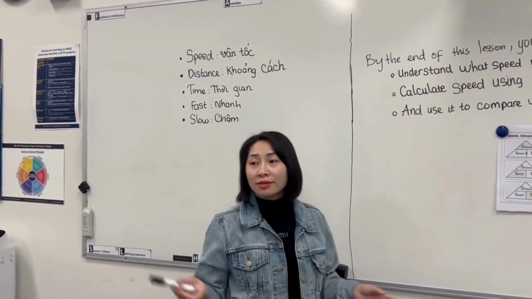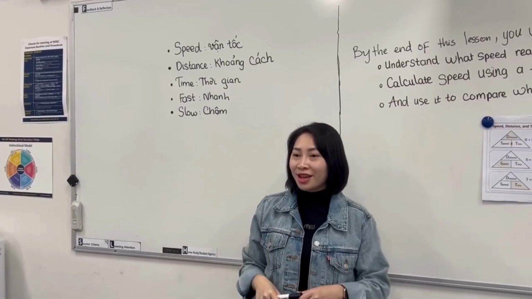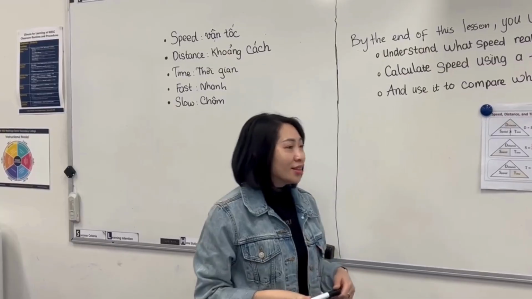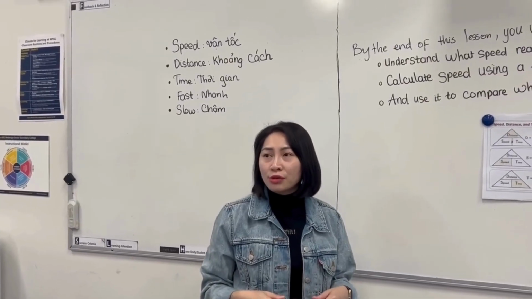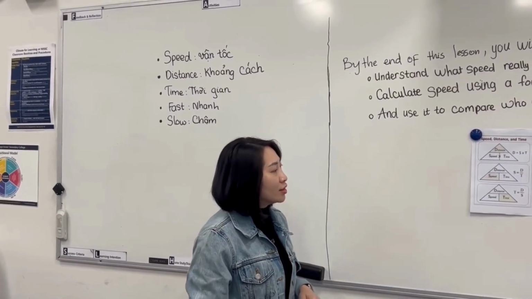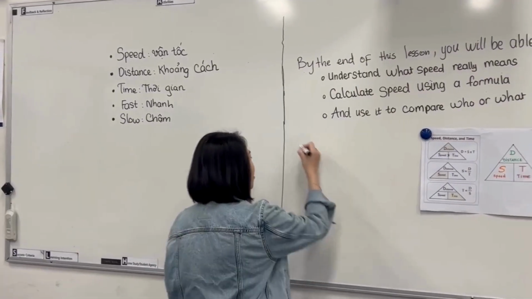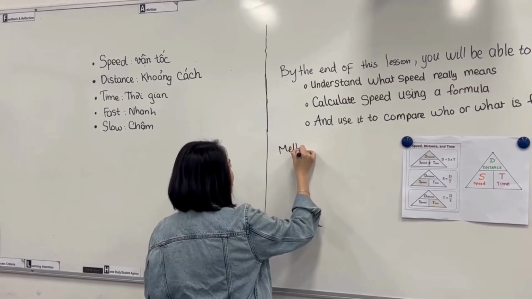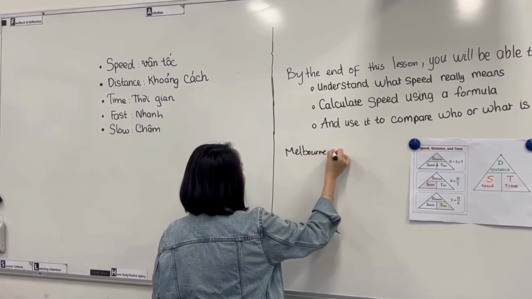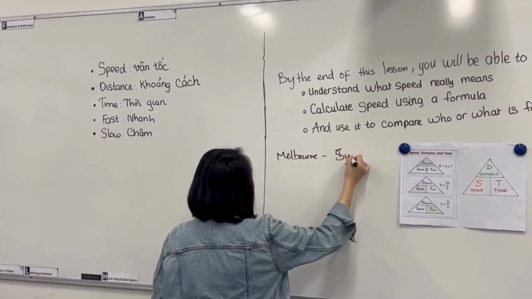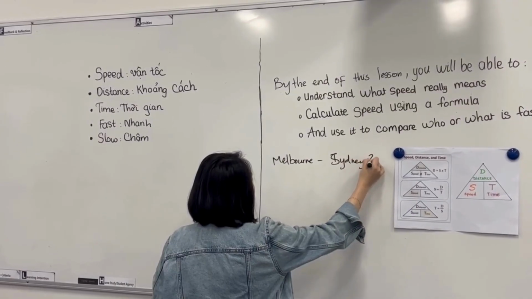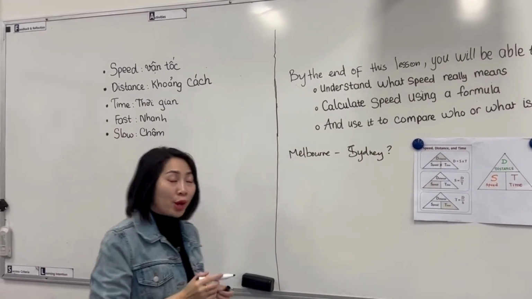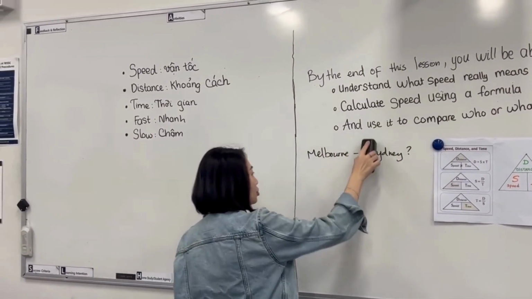Maybe we can do one example together. What about Melbourne to Sydney? Is everyone happy with this one? We're going to do this together.